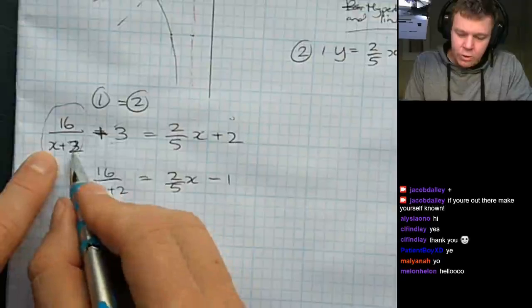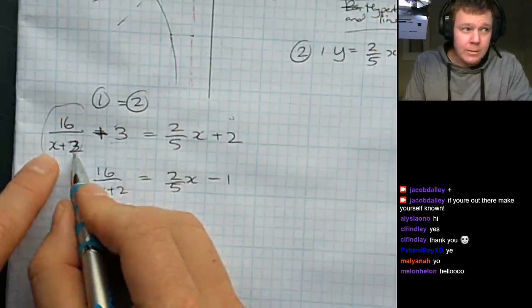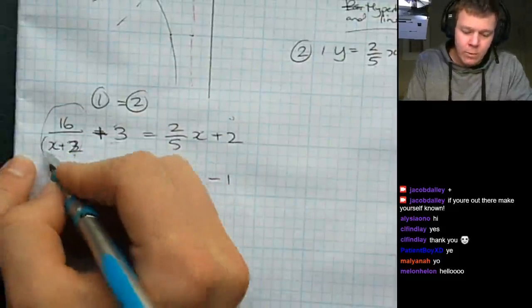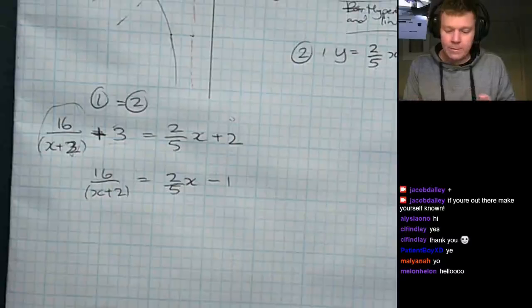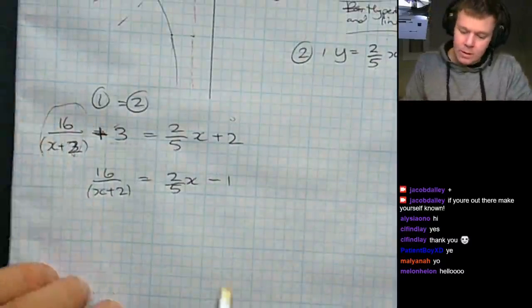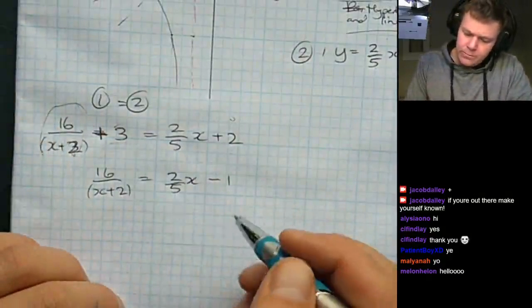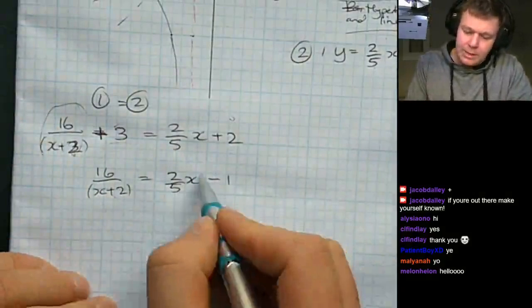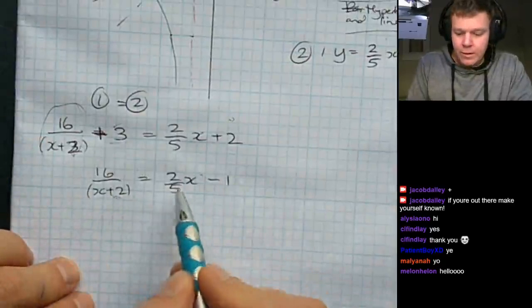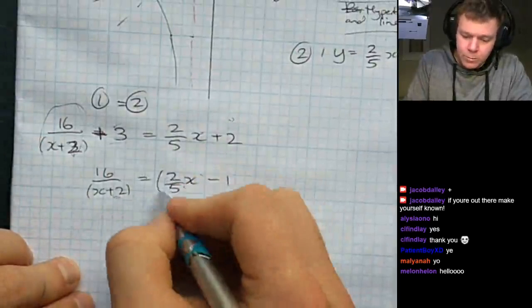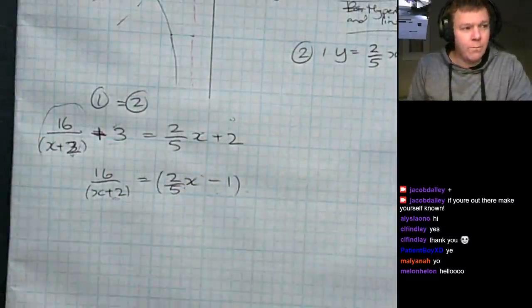Usually you don't have a bracket around this term at the bottom, but I would put a bracket around it because you've got to deal with it as 1. So what we want to do is multiply this to the other side. If it's multiplied to the other side, it's going to multiply both things, so we should put a bracket around these as well.